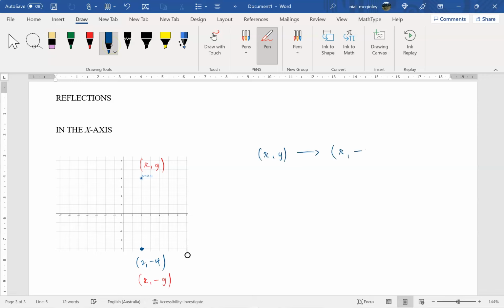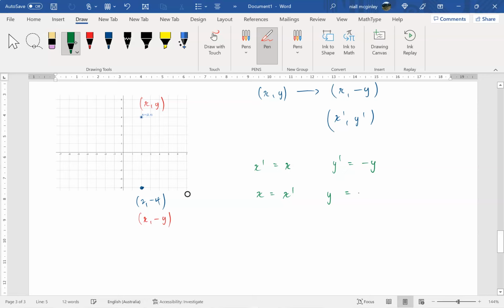Any changes that have happened here, we can see in the first one, the x', nothing has happened, it just remains the same. But y' has become negative y. So therefore, x equals x' and y is going to equal negative y'.